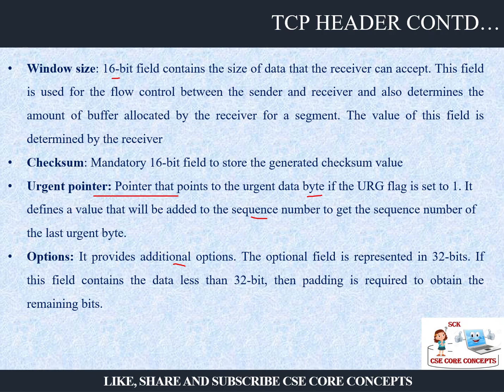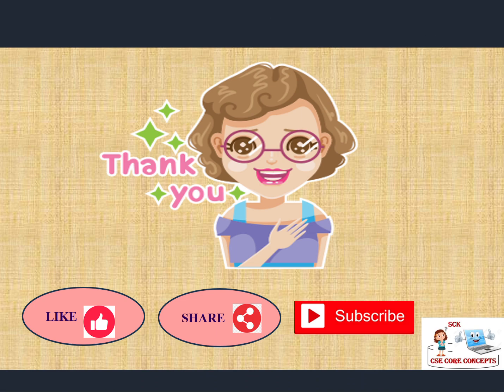It is represented in 32 bits. If it contains less than 32 bits of data, you have to give some padding to keep the header a fixed size. So this is all about your TCP header, and what TCP and UDP are, and the difference between them.